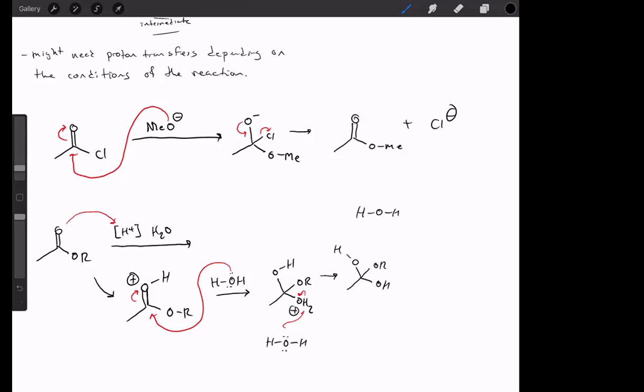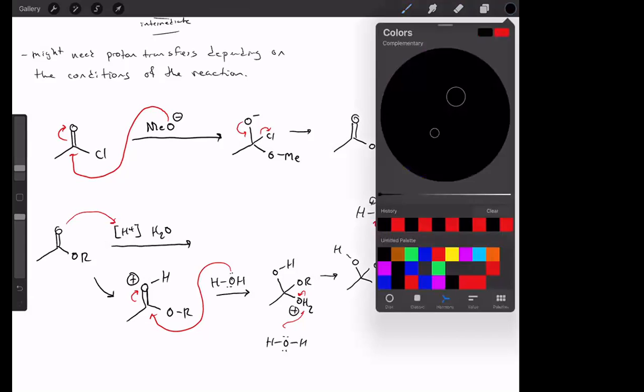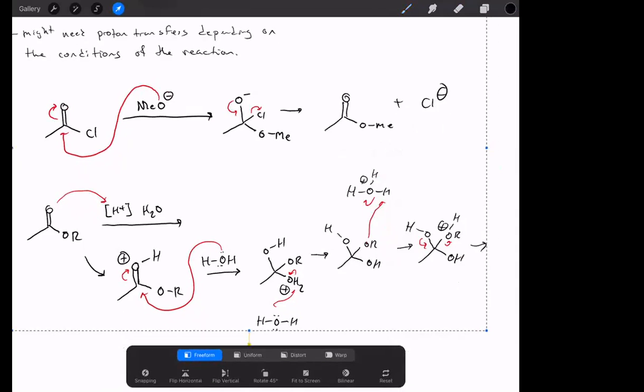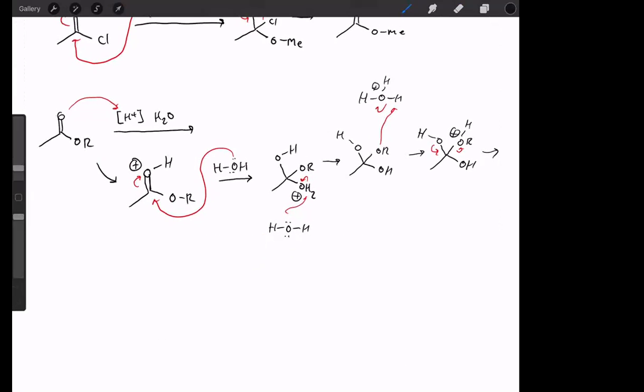Now that I've formed this intermediate, I can now protonate the OR group, because doing so will create an intermediate that has a single positive charge. And if this thing were to leave, I would actually be pushing a neutral alcohol out, and that's going to be okay with the conditions of the reaction as well.